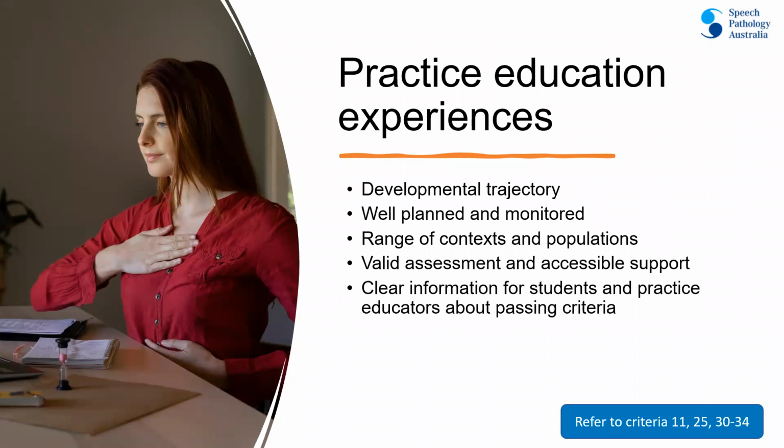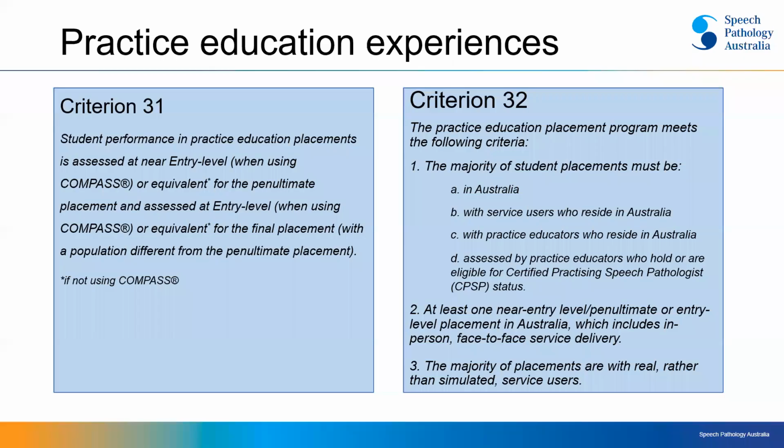Passing requirements need to be clear to students and to practice educators, who also need to understand how support for difficulties within the placement can be accessed and what it means if a student fails a placement. How are decisions made regarding the availability of extensions, supplementary placement, or repeat of placement? We draw your attention to specific requirements of practice education experiences, which are addressed in criteria 31 and 32.